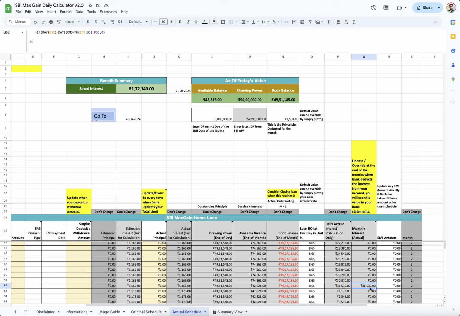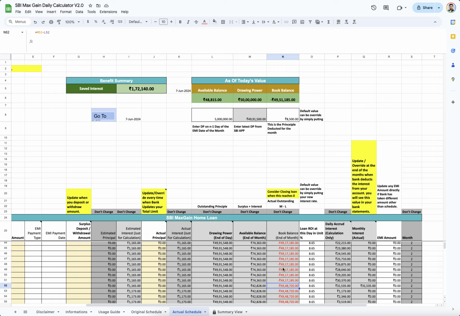On a monthly basis, this is the interest amount that you will see in your bank statement as a debit entry. So this will be the interest amount deducted from your OD account, and it will be deducted from your available balance itself. Okay, because available balance is the total balance that you have. Okay, so book balance is automatically reflected accordingly.